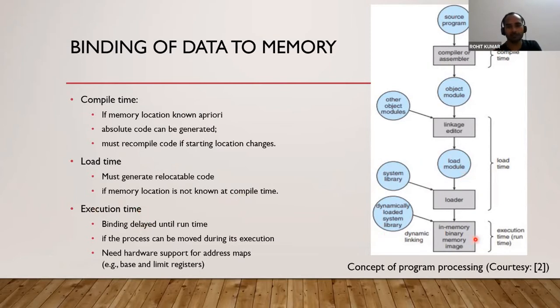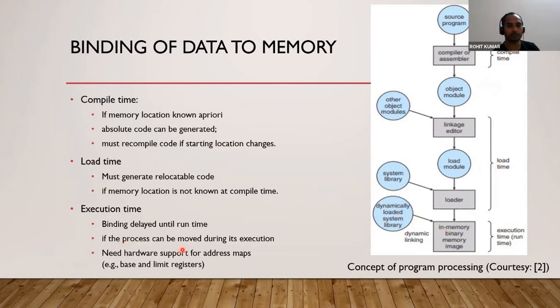Okay. Finally, there is the execution time. So here you are supposed to find the related DLL files, dynamic link library files. Here binding is delayed until runtime. Here you are adding these files.